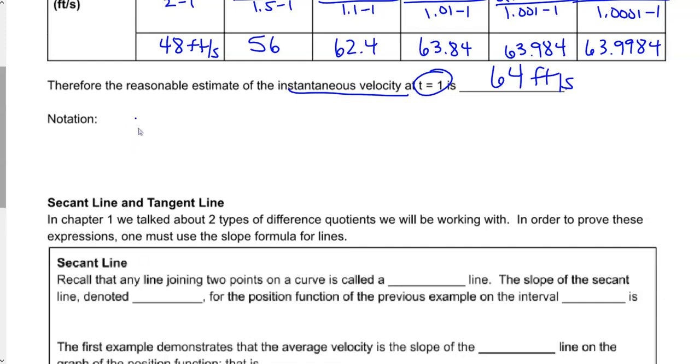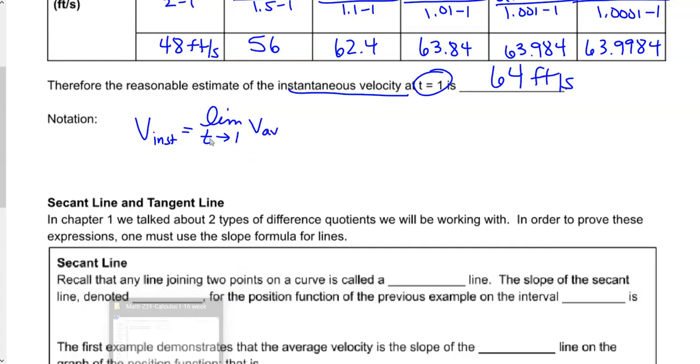So when we do notation, the instantaneous velocity is going to be found by taking the limit as t goes to 1. So this is kind of the notation for a limit, which we haven't seen yet, of the average velocity.